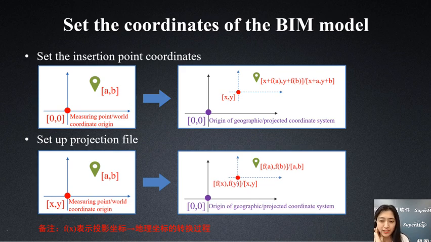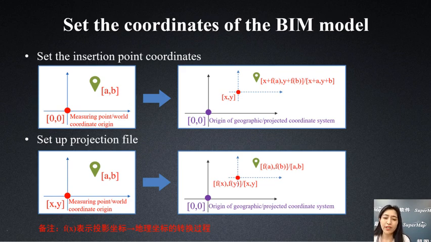The measurement point is the origin of the reference coordinate system for the actual measurement and position of the project in the world coordinate system, which can generally be understood as the position of the project in the city coordinate system.